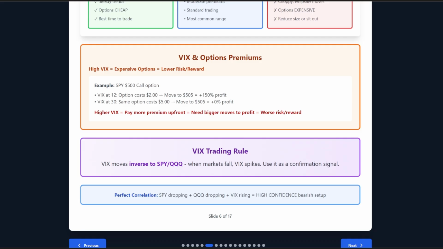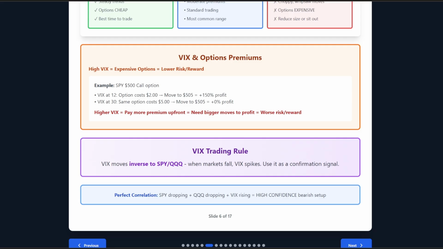You just paid $2 in premium, $200. It moves $5 in your favor, you make 150%. Now let's say VIX is at 30. The same option contract costs $5, right? $500. So a move to 505, you don't make anything, right?